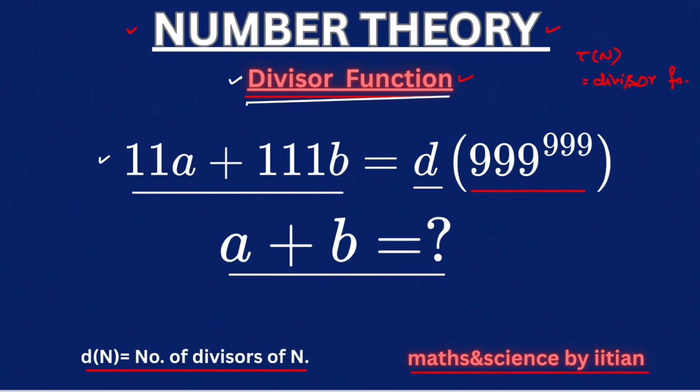Let us see, it is a very good example. What we have is 11a plus 111b equal to the number of divisors of 999 to the power of 999.